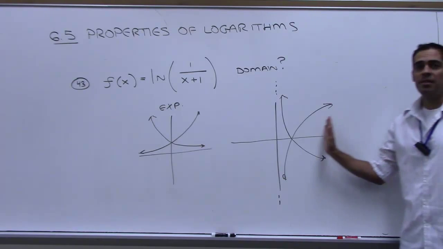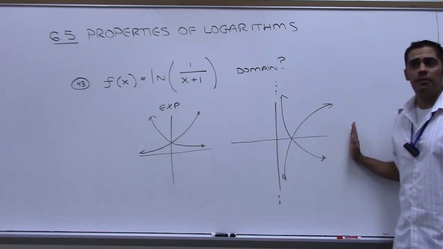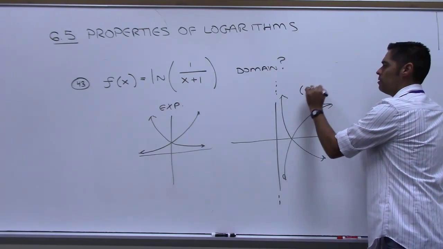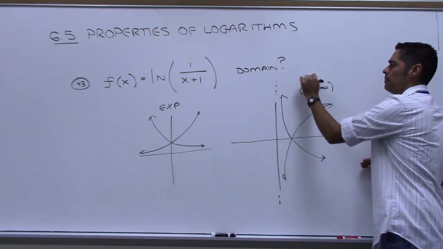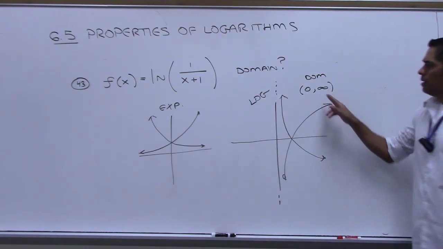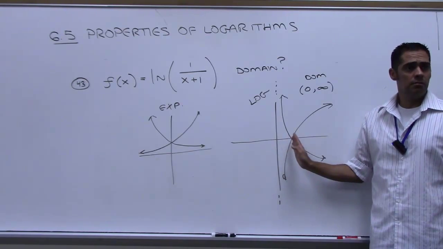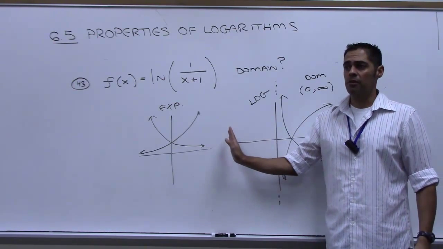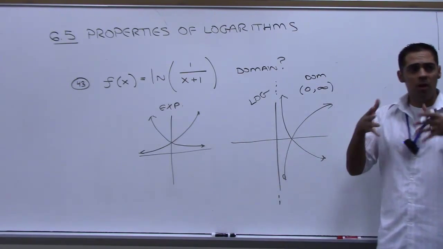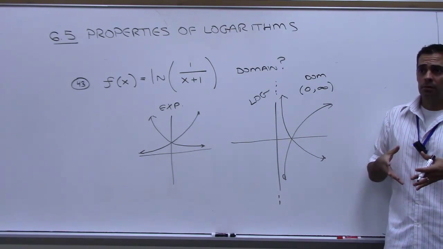And so when we did that, we said the domain of a log function was from 0 to infinity, right? 0 to infinity was the domain of a log. Sorry, I didn't put log here. Which means that can you plug 0 into a log function? No. Can you plug negative numbers into log functions? No. That means what you plug into the log function must be a positive number. Agreed?